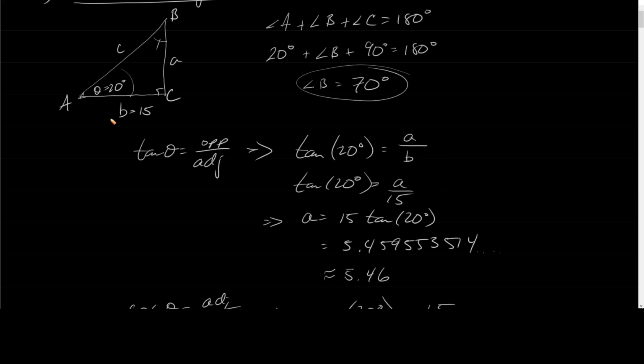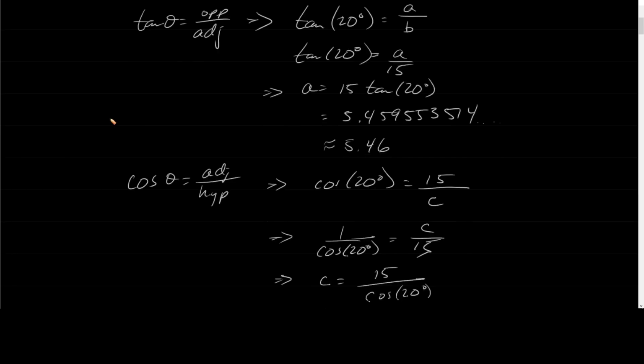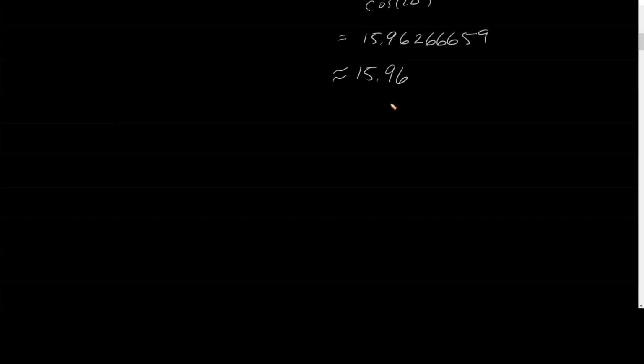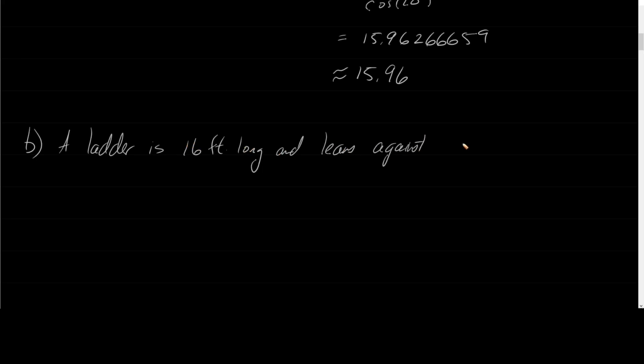All right. Now let's do this similar idea, but with a word problem. So, B. A ladder is 16 feet long and leans against a wall or against the side of a house.